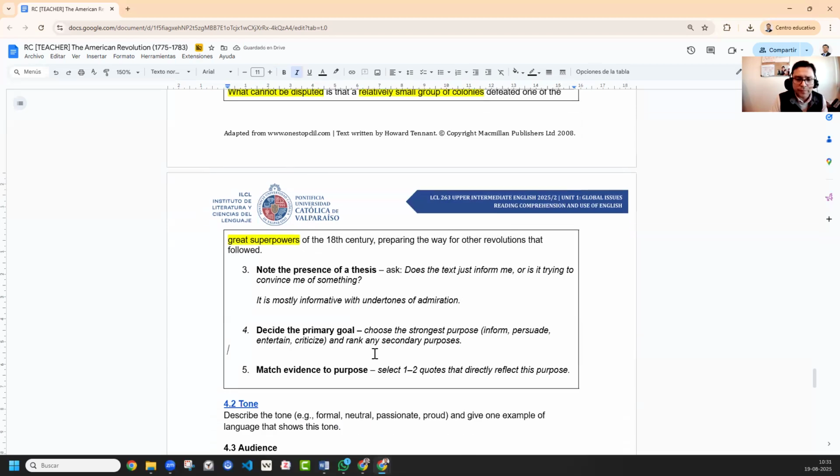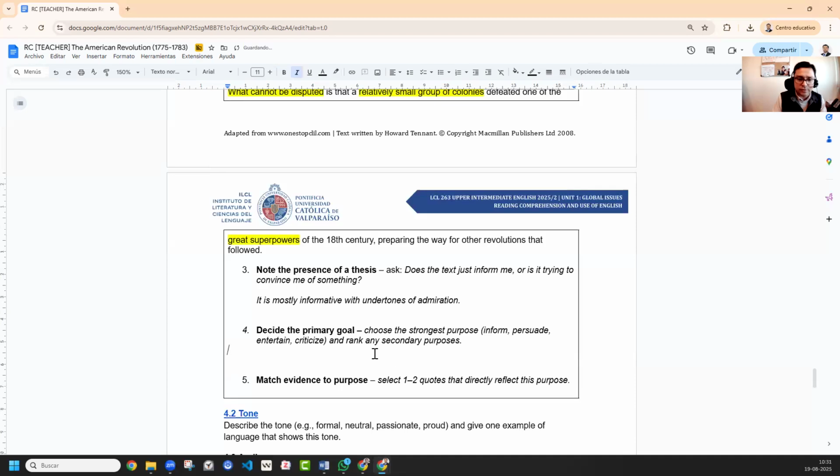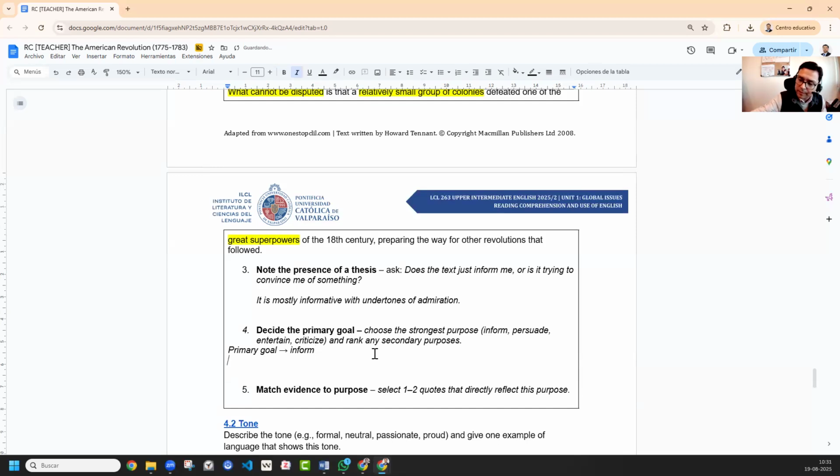Decide the primary goal, choose the strongest purpose, inform, persuade, entertain, criticize, and rank any secondary purposes. Okay, so we could say here that the primary goal is to inform, and then, okay, I have some notes here with me, and then the secondary goal is to subtly persuade readers of the colonists' heroism.